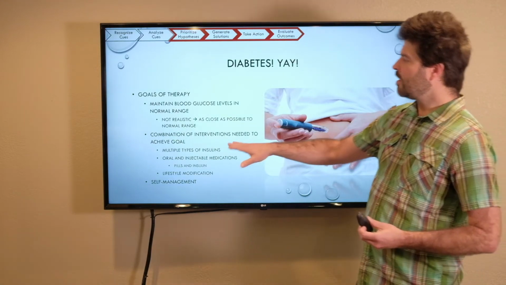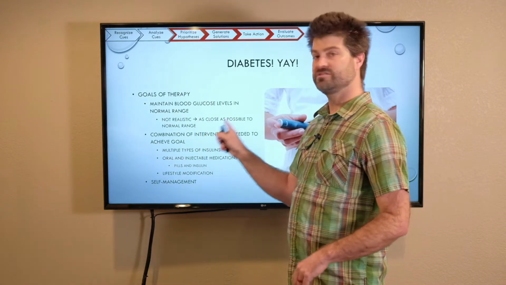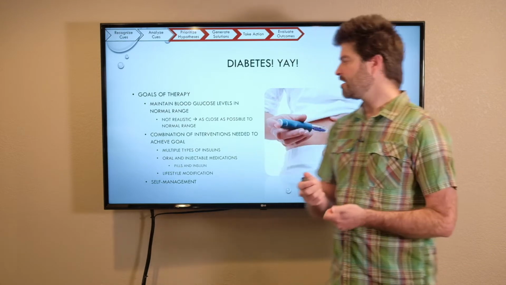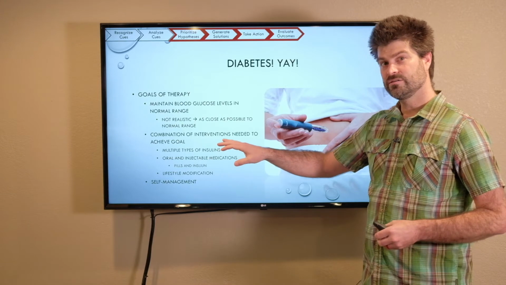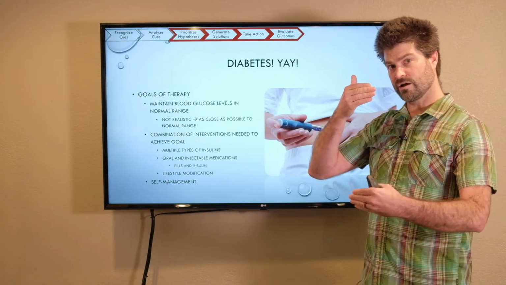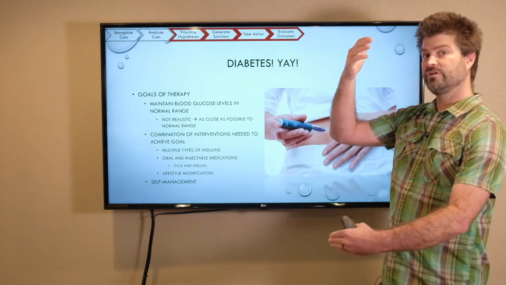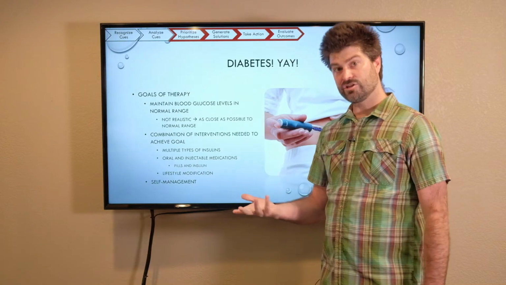So oftentimes a combination of interventions is necessary in order to achieve this goal of keeping them as close to that normal range as possible. And this is where we get into using multiple types of insulins: short-acting, long-acting, or short-acting and very long-acting insulins, and oral and injectable medication combinations.